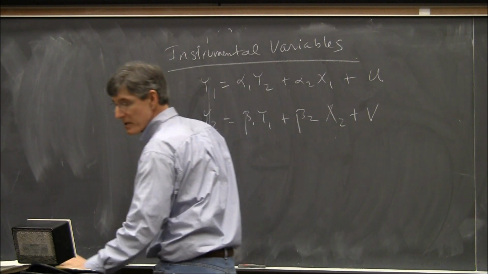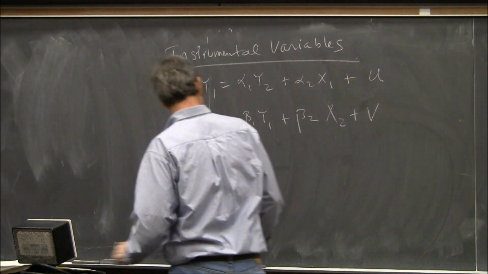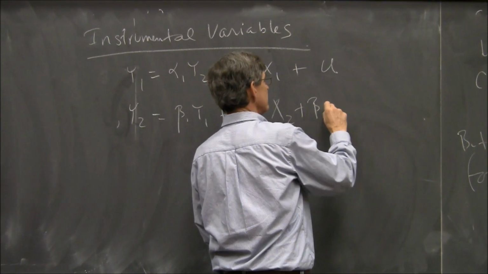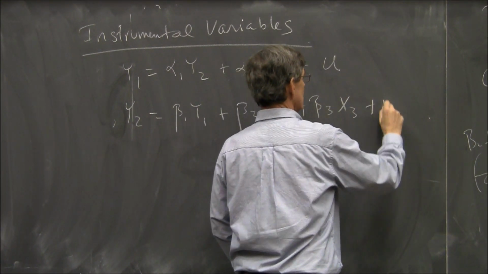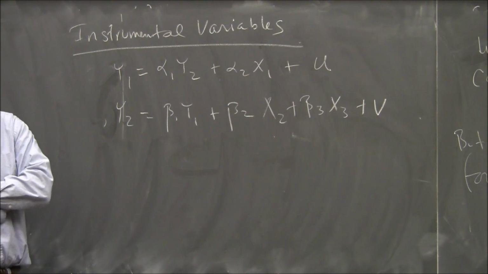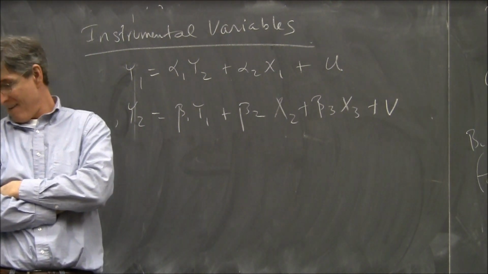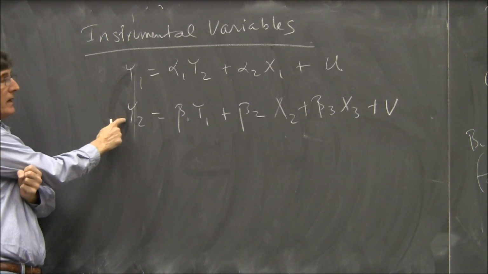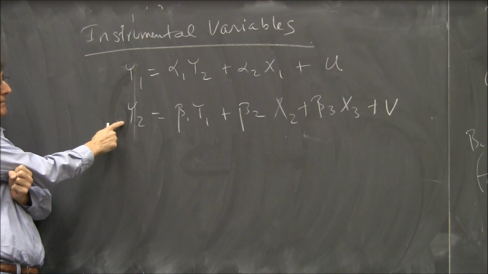So let me change it to just add a beta 3x3 here. This equation is now over-identified.